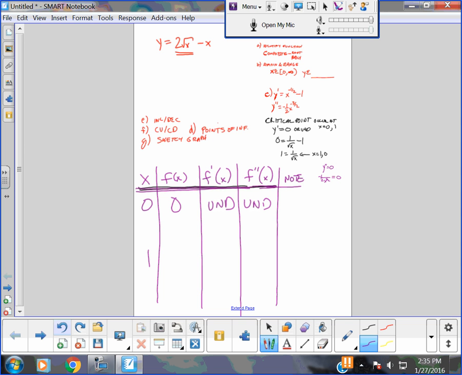Now I'm interested in what's happening in the other intervals. So at 1, we know the first derivative is 0. And I look at my second derivative right here. You guys notice it's negative 1/2 times 1 over x to the 3/2. Guys, it's always going to be negative. The coefficient's negative. We're putting in positive numbers.